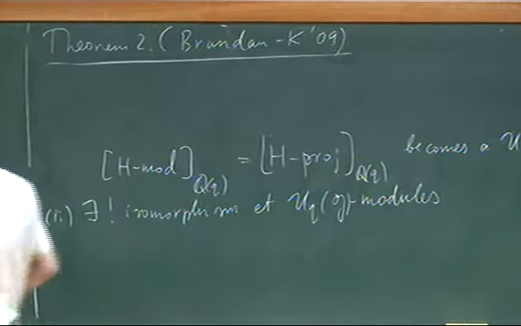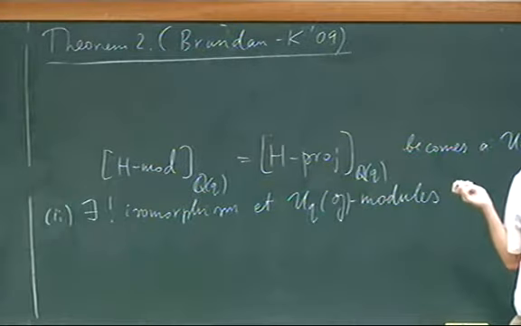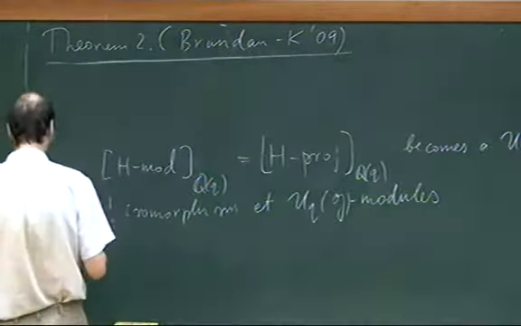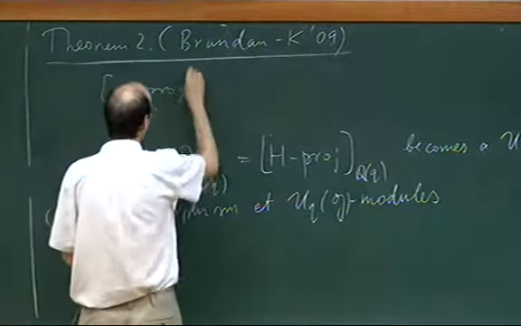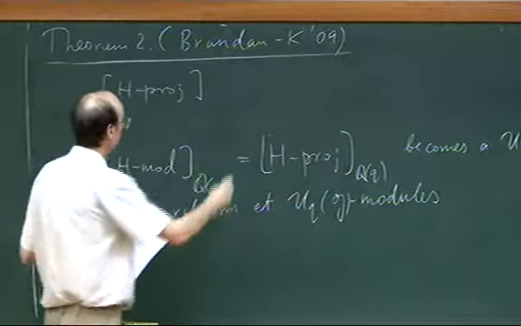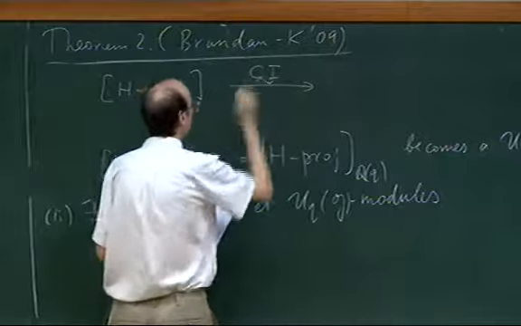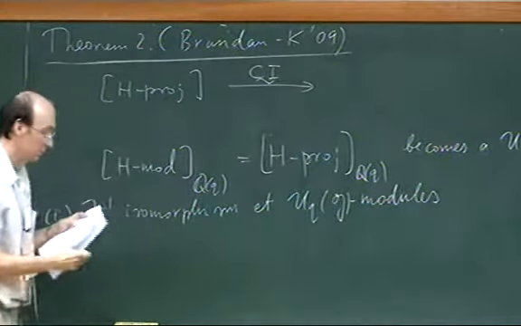But if we don't extend scalars, we get some forms of this module, and these forms can be identified too. That's what the next result is about. If we don't extend scalars and consider instead H-proj, so this is the Z[q, q inverse] form, then under the categorification isomorphism, which I will just shortly write as CI, it's some lattice, some form.